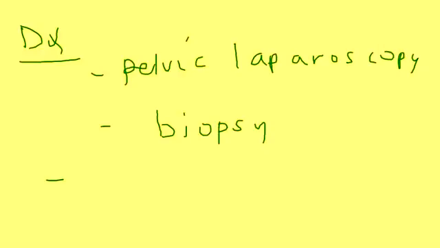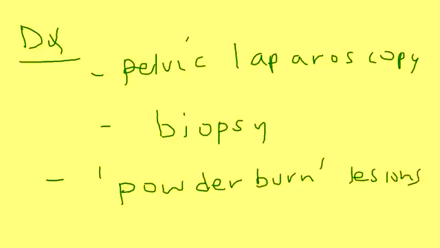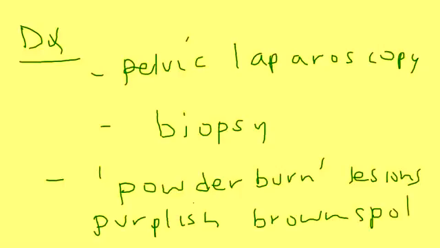Well, there's this term called powder burn lesions. You'll see this on the licensing exams a lot. What they're describing are these purplish-brown spots that resemble powder burns, and that's what you will see during the laparoscopy. And when you do the biopsy, the lab will be able to tell you that this tissue is in fact endometrial tissue.